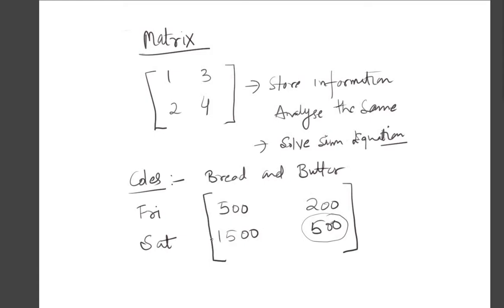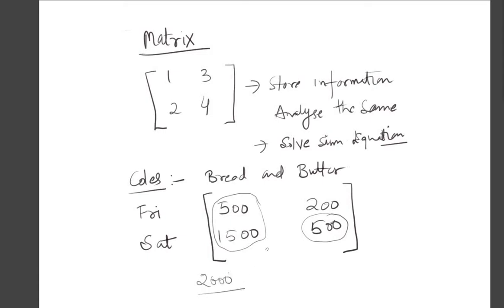You said butter, Saturday, that's the number. Now, if I ask you how many breads in total were sold over Friday and Saturday, you add these two numbers and you can give me the answer, 2000.